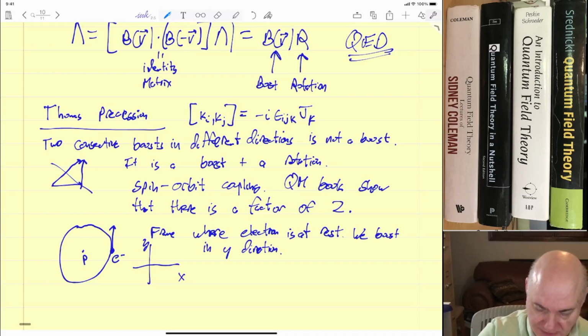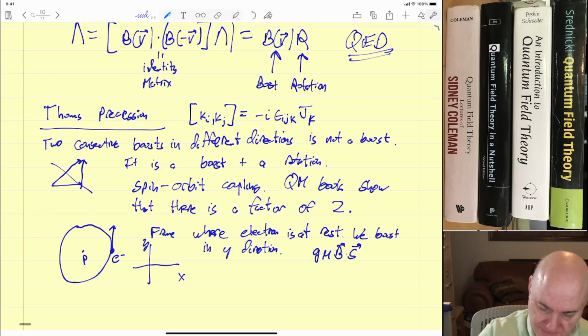In this frame, there's both an electric field and a magnetic field. And we use the usual factors, like g mu B dot S, to get the interaction energy in this frame, the spin-orbit coupling.